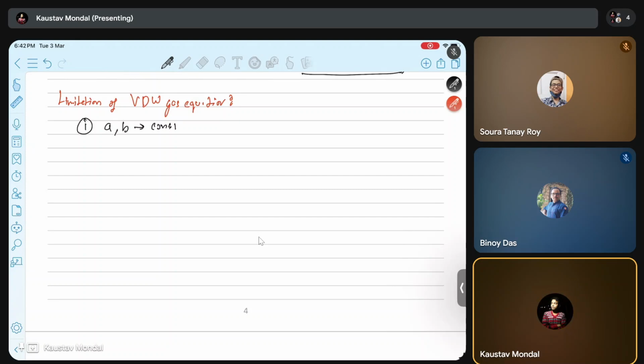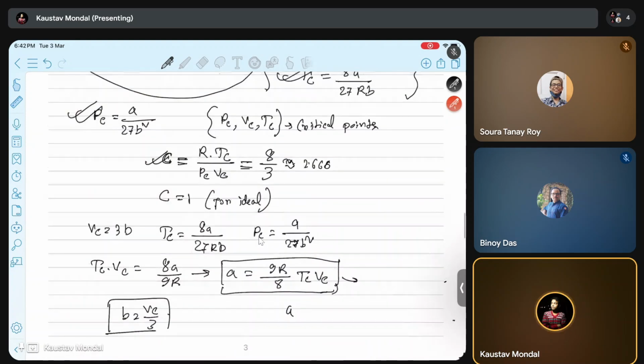But in experiment, different gases have different values of A and B, so A and B are simply not constant. Also, this critical coefficient C that you have calculated, this is known as the critical coefficient.